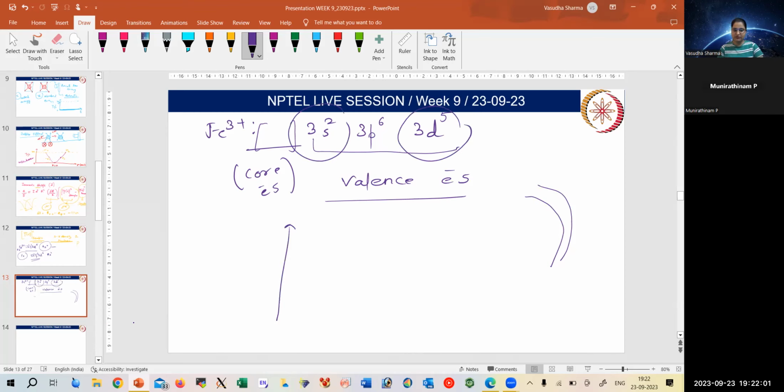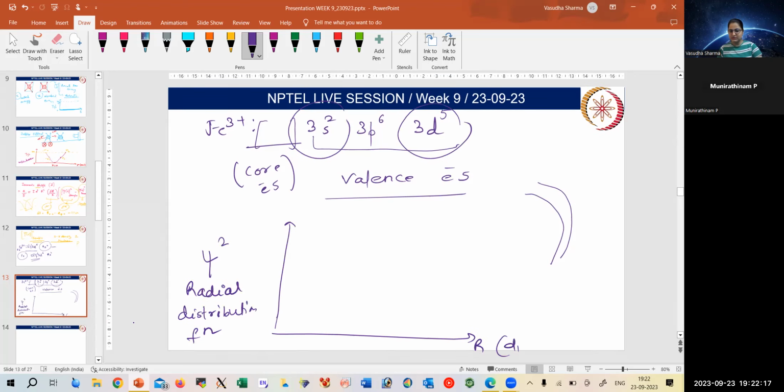Now, if you see clearly, if I talk about the 3s and this 3d, we are going to make this radial distribution wave function that we had, and here we draw the distance from the nucleus.